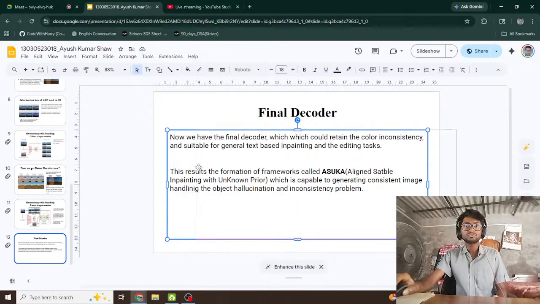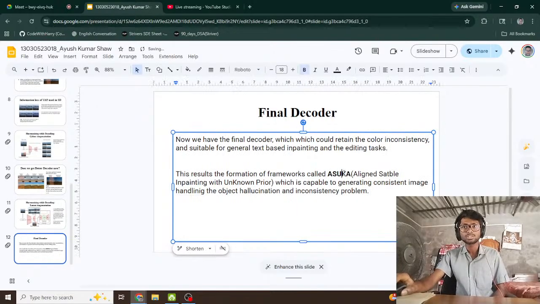The whole framework is named Ashoka, that is, Aligned Stable Inpainting with Unknown Prior, and it is capable of good generalization as well as textual generation. In the actual paper they cover two metrics, though I don't recall the names.